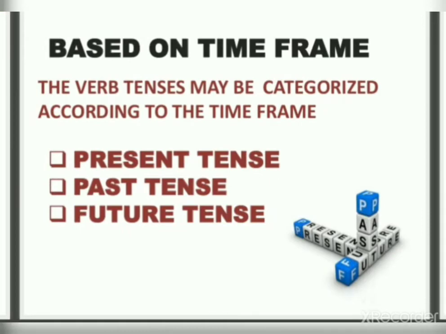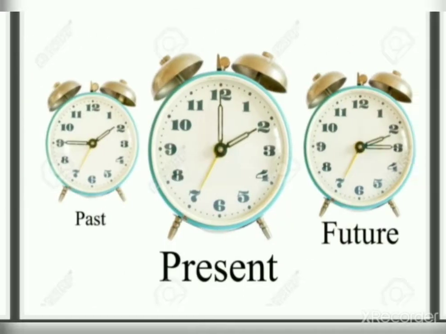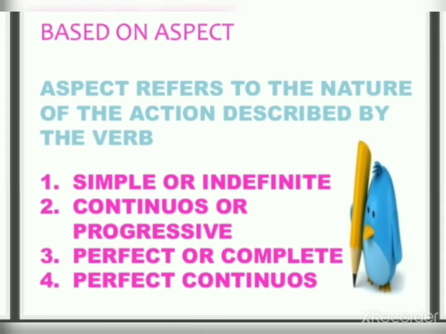Tenses are based on time frame. There are 3 tenses: present tense, past tense, and future tense. Every tense has 4 aspects. Do you know what an aspect is?